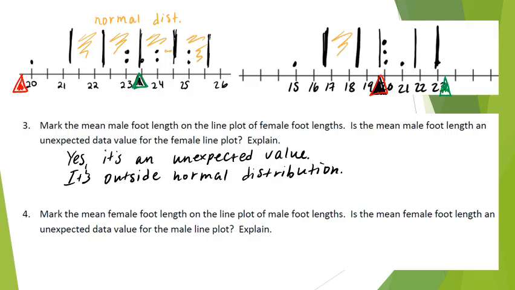So again, looking here, this would be within 1 and then 2 MADs, right? This is within 1 MAD on either side, and then extending out another MAD. And so looking at this, I'm noticing that the female mean is also outside of the 2 MADs. And so again, I'm going to talk about how, yes, it's an unexpected value.